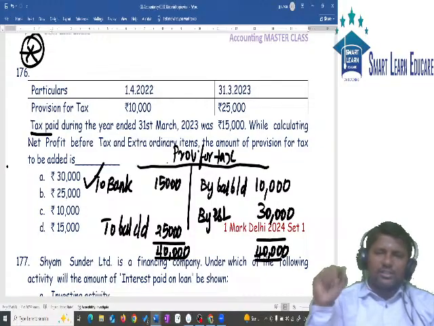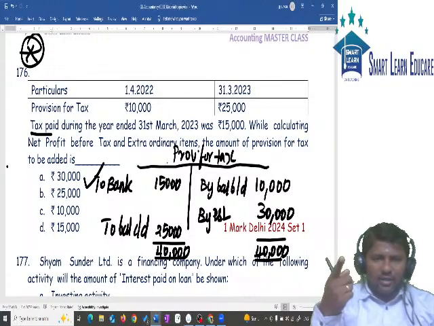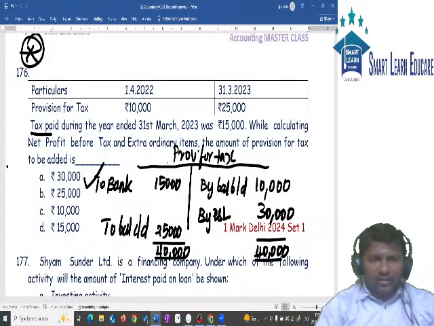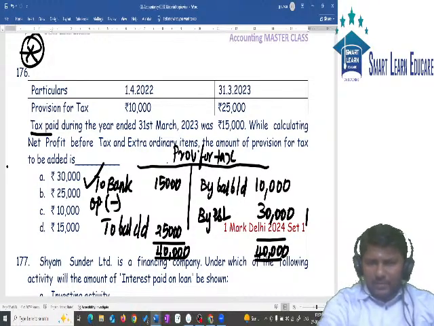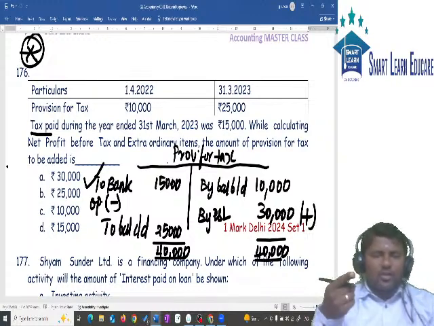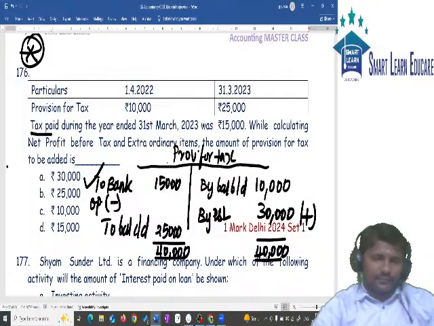The provision created in the current year is 30,000. This provision should be added. The actual tax paid should be subtracted. In operating activity, the actual payment of tax should be subtracted. The provision which is created should be added back.